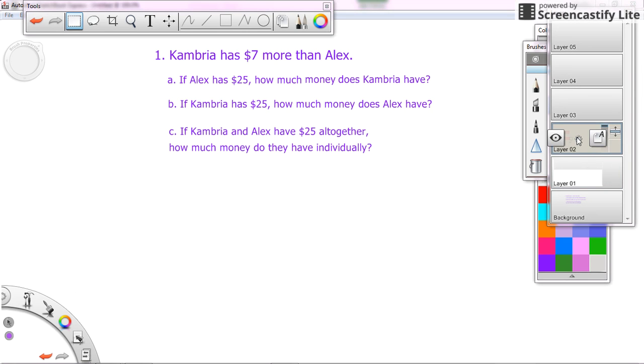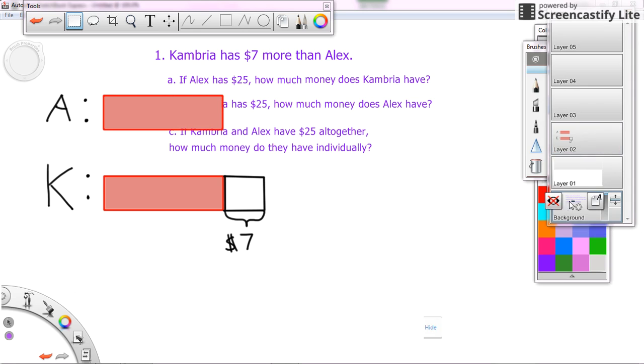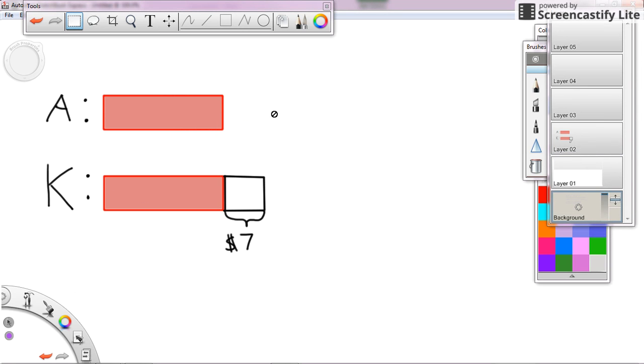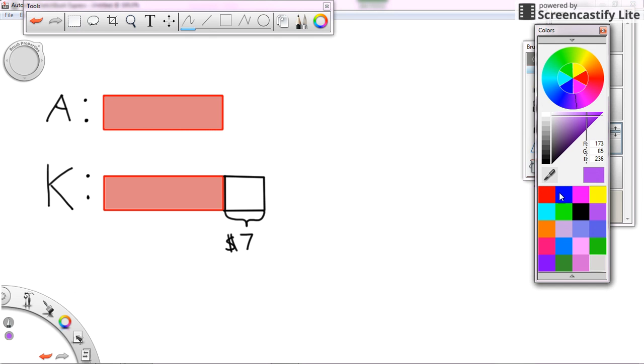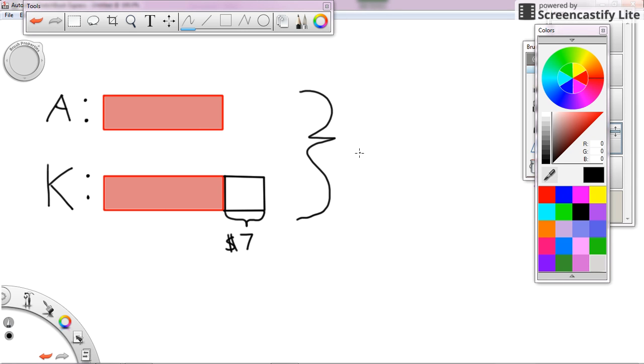Well, I think the best way to solve this one is to use this box model here. What that question says is that if I add this red box, and this $7 here, if I add all of these things together, they equal $25.